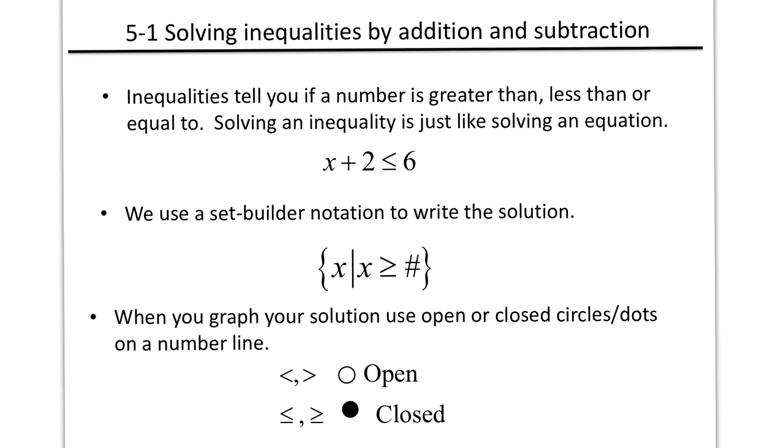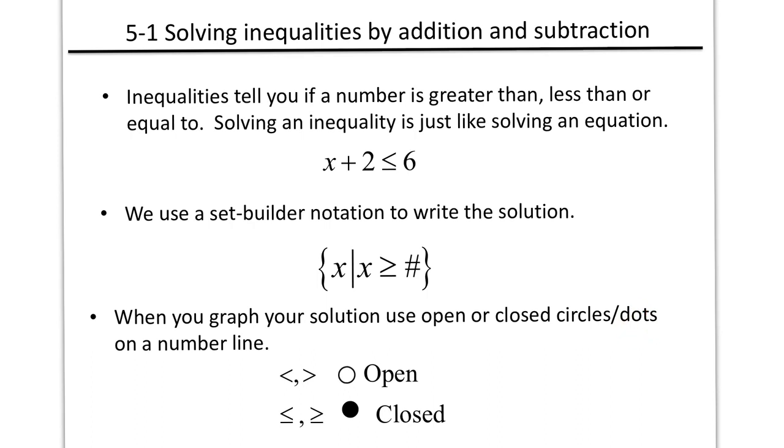Also, when we start solving inequalities, we can actually make a graph of our solution, and that's what we're going to do today as well. When we graph our solution, we need to use an open or a closed circle for the graph. Some people say dots, open dot, closed dot, same thing.